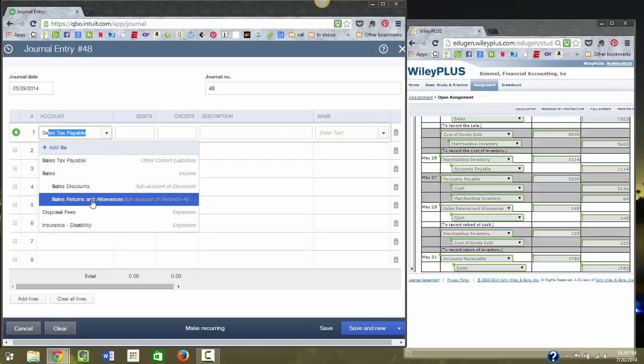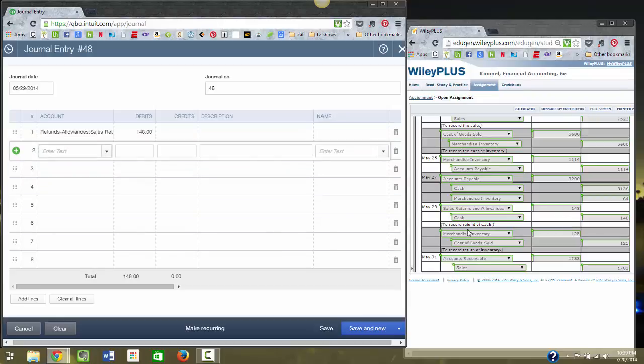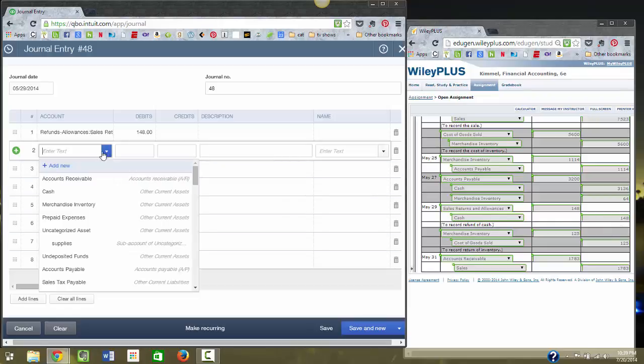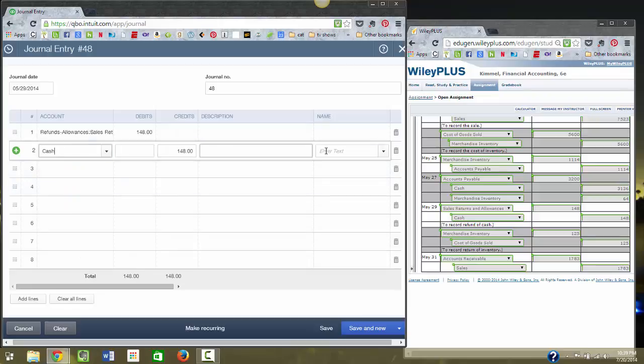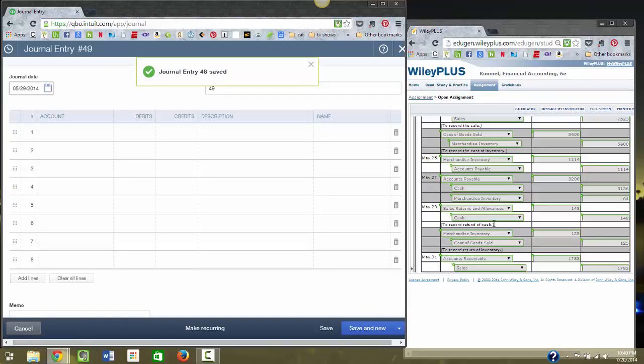Now they list this once again as an income account rather than a contra revenue account, but hey, if that's the system you have, that's what you deal with. So we are going to debit that for 148. Then we are going to credit cash for 148. All right, and this is the 29th. So we're good there. That handles the refund of cash.